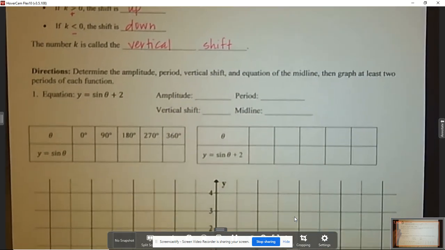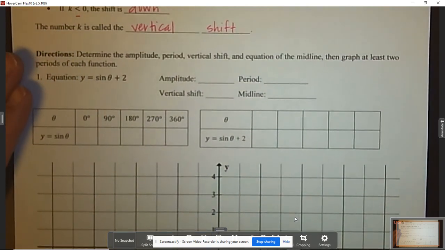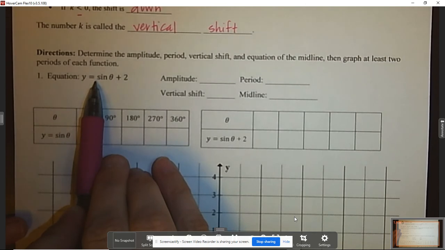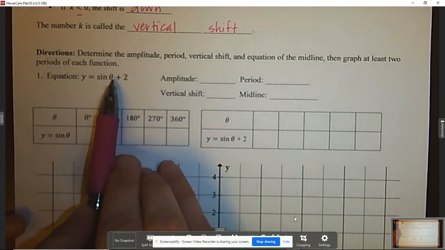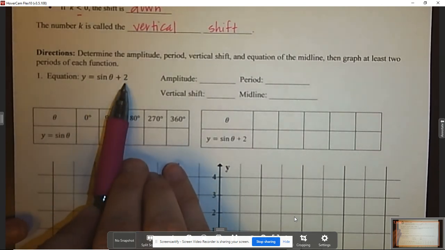All right, so in these graphs, we are to determine the amplitude, period, vertical shift, and equation of the midline, and then graph it. So if you look here, the a value is 1. My b value, or inside, is 1 as well. So a and b are both 1, and then my k value is 2.